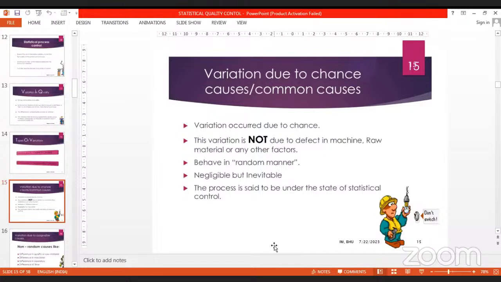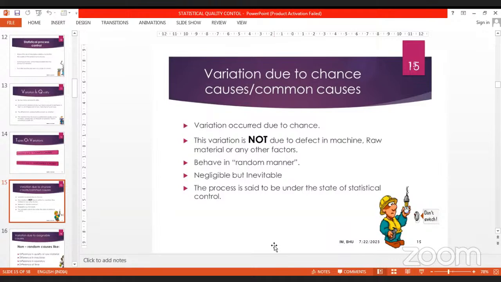Variations due to chance causes or common causes. Variations occur due to chance. This variation is not due to a defect in the machine, raw material, or any other factors. It behaves in a random manner, negligible but inevitable.